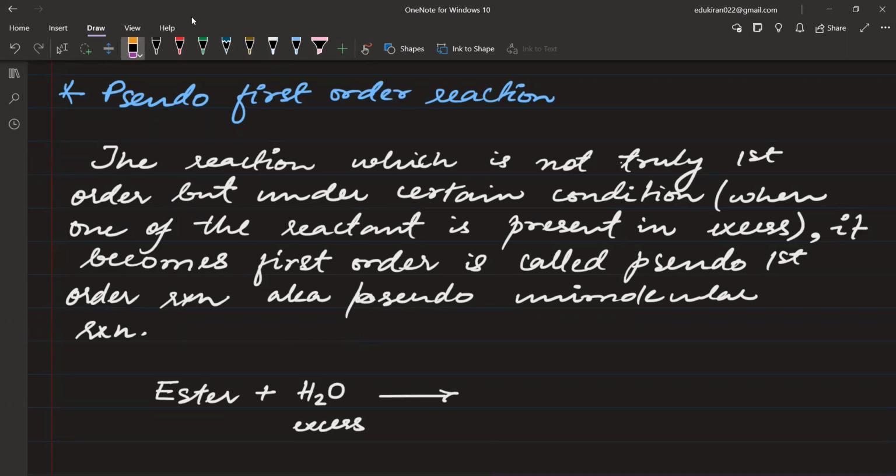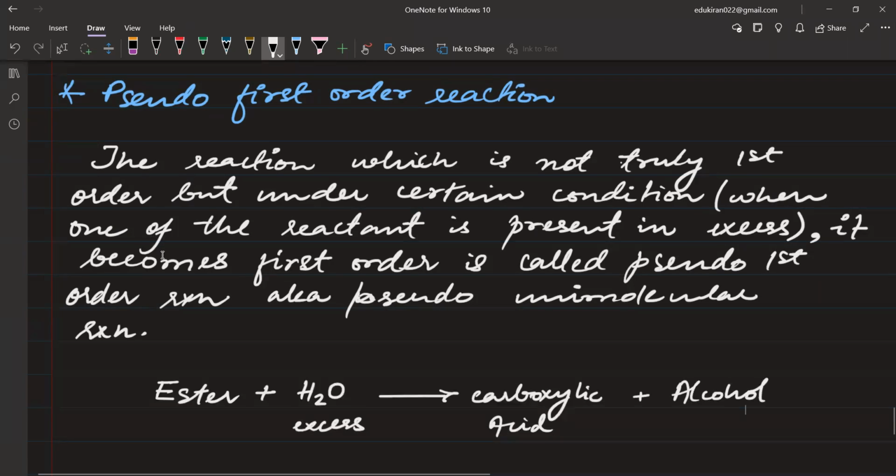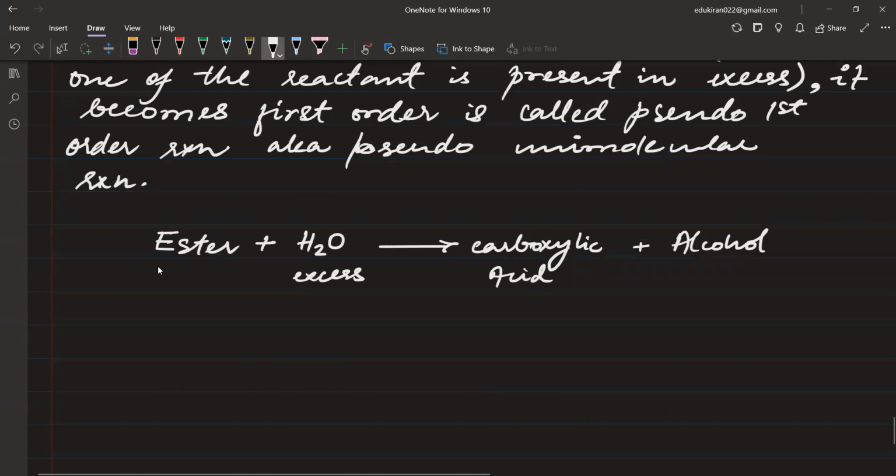And that is why even though this reaction is truly a second order reaction, because water is in excess, what happens? It becomes first order, and the rate depends only on the concentration of ester. So ester plus water will give you carboxylic acid and alcohol. Since you have already learned organic chemistry, I can dare to write this reaction.